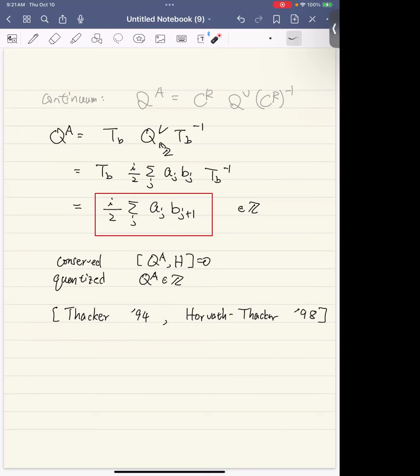But everything I said so far is too good to be true, because I'm saying that there's a vector symmetry that has quantized integer eigenvalues, and an axial symmetry that has quantized integer eigenvalues. And if it works out just like in the continuum field theory, this will be a violation of the Nielsen-Ninomiya theorem.